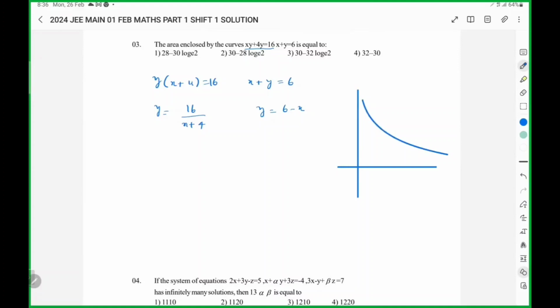And another is y equal to 6 minus x. The line is here or here, we don't know. So unless we solve it, we don't know. So let us solve. 16 by (x plus 4) is 6 minus x. So 16 equals minus x squared plus 6x minus 4x plus 24, minus 16, minus 8.